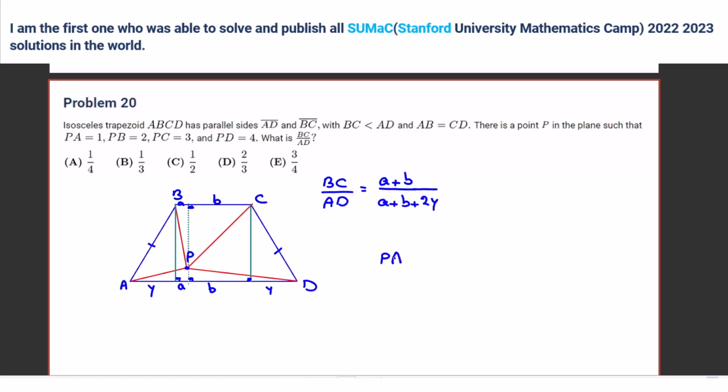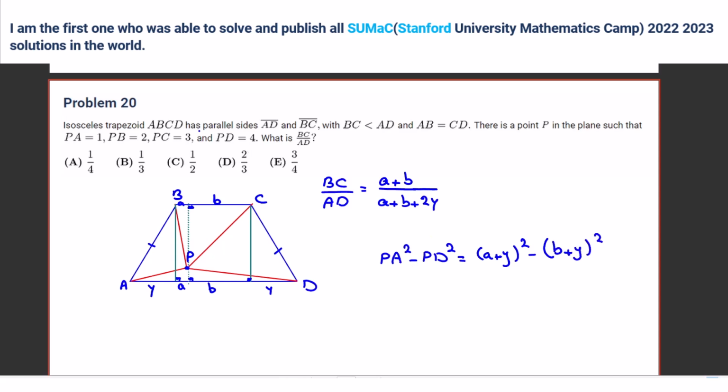Now, if we apply the double Pythagorean theorem, PA squared minus PD squared is what? That would be the hypotenuse squared minus, okay, so that would be (a plus y) squared minus (b plus y) squared, right? Yes.